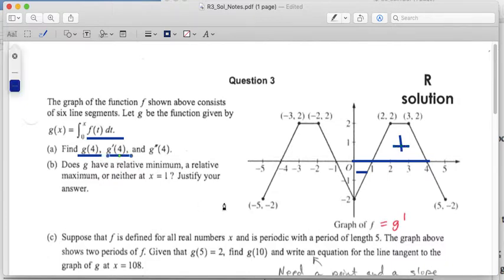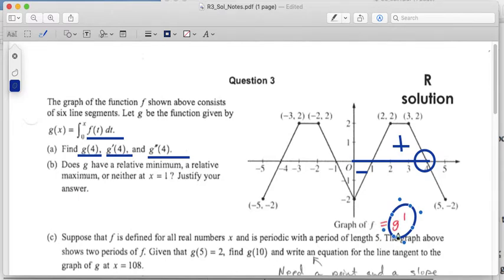G prime of 4. This is where having some advanced thinking about what this all means really pays off. What's G prime of 4? Well, this is the graph of G prime, so G prime of 4 is 0. What about G double prime of 4? How do I find G double prime? Well, G double prime is the derivative of G prime.